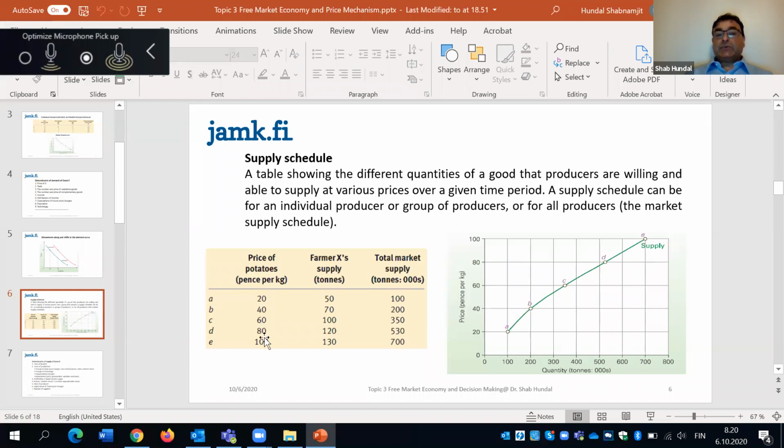And as the price goes up, the gap between the price and the cost increases, and that motivates you to supply more, because you know that before the situation reverses and you are not able to get that much profit, you should supply more. So then you are able to provide more of the supply.